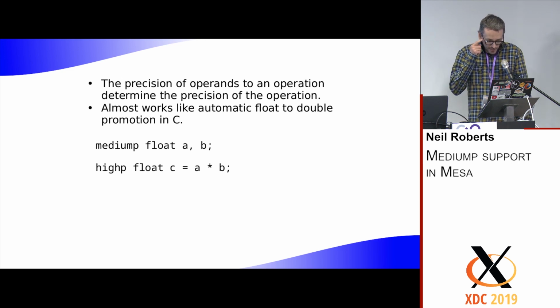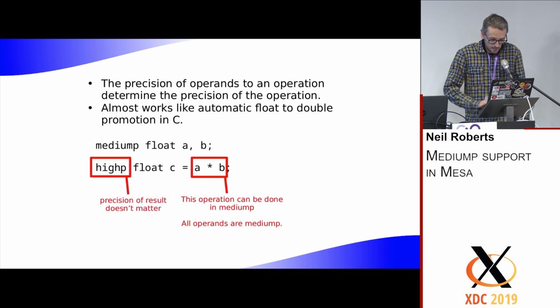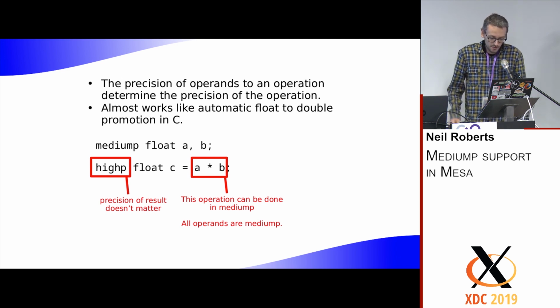So here, for example, we have this A times B, and both of these A and B are declared as mediump floats. So this operation can be done in mediump because both operands to the operation are in mediump. So the result of that operation is stored into a highp variable, but that doesn't matter. The operation can still be done in mediump.